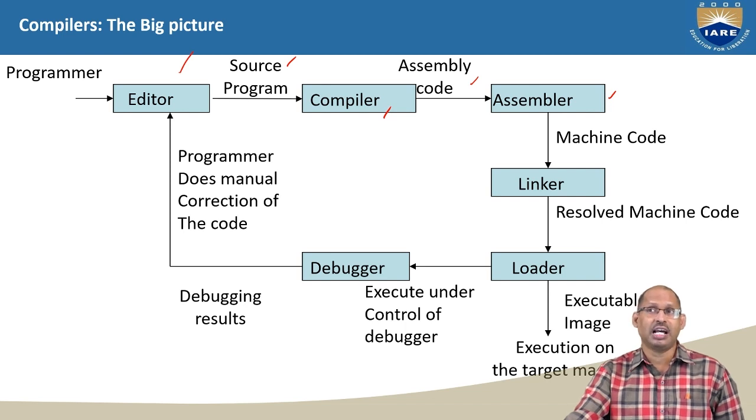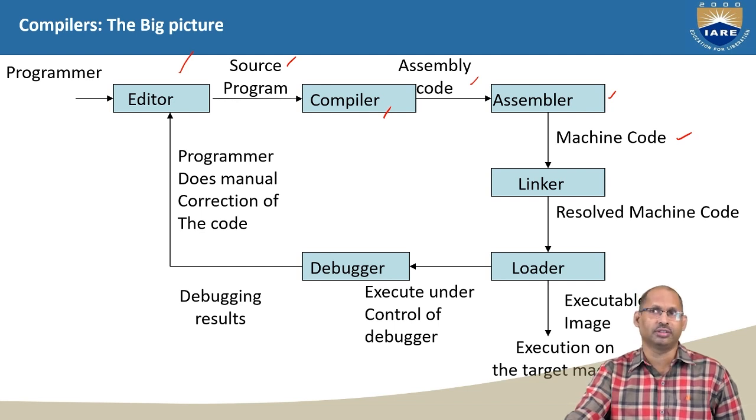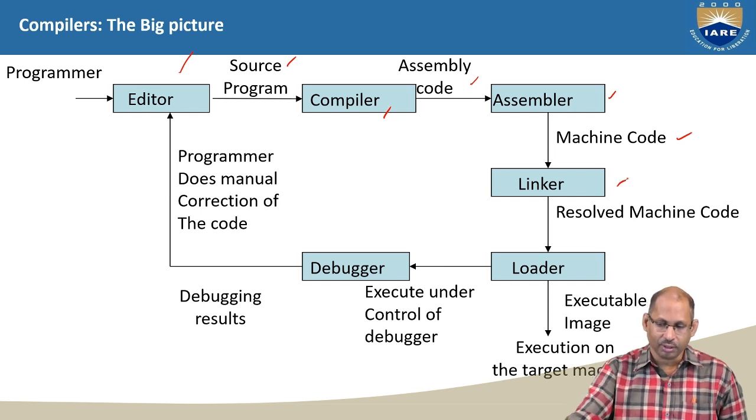Then what is the task of the assembler? It will convert this assembly code to machine code. An assembly program consists of symbols and mnemonic codes. These symbols and mnemonic codes will be converted to machine code, which consists of ones and zeros. Then the linker.